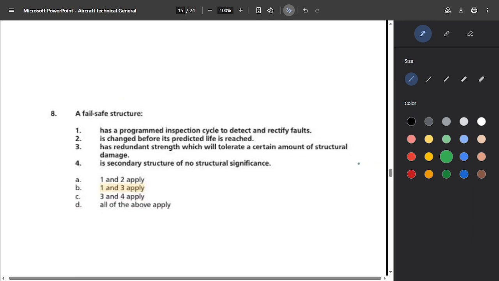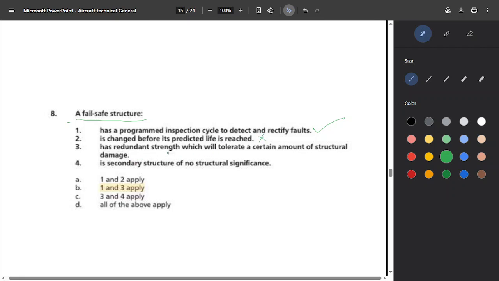Now we come to question number 8. What is a fail safe structure? Has a programmed inspection cycle to detect and rectify faults. This we have studied just now. It is changed before its predicted life is reached. No, this is not a fail safe structure. This is the design philosophy.